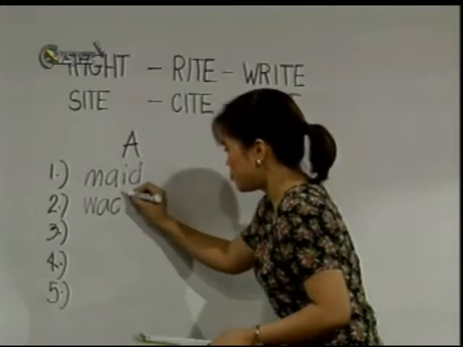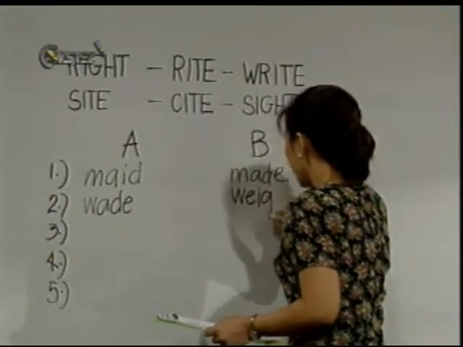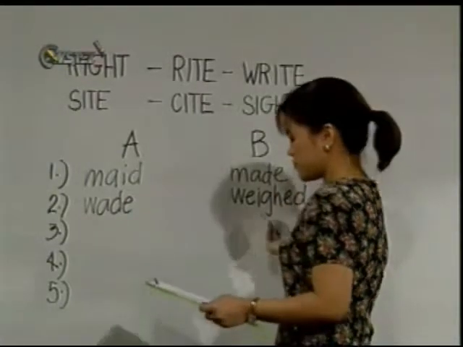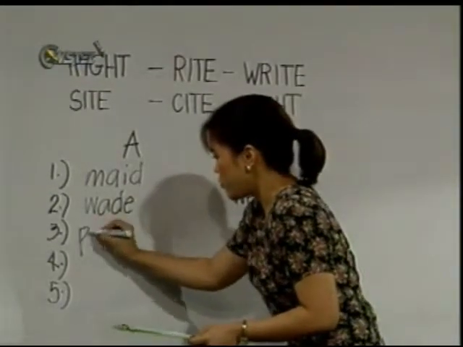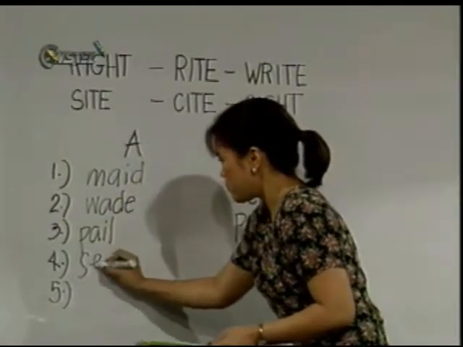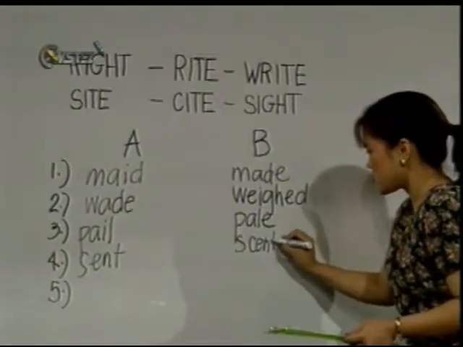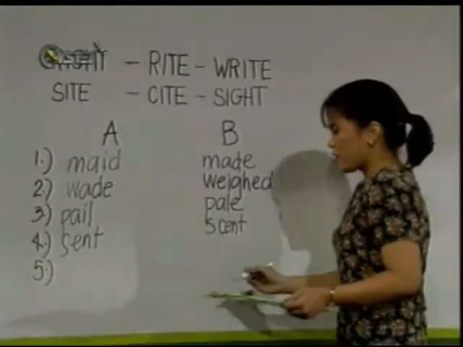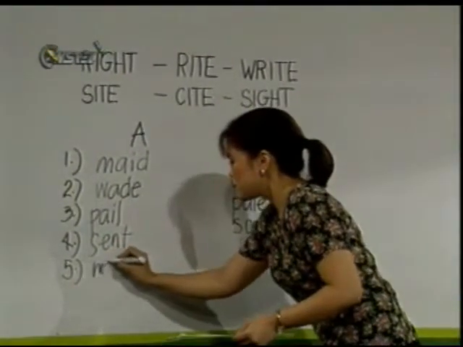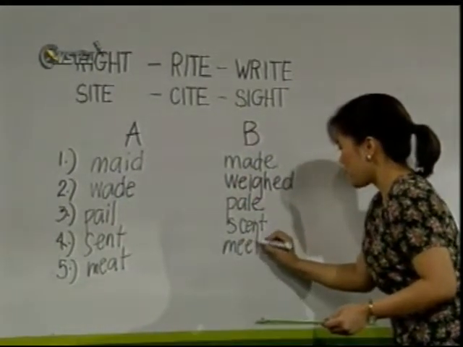The second homonym is weighed. Third one is pale. Fourth homonym is scent. And the last one is meat.